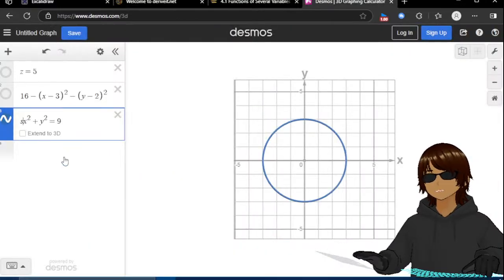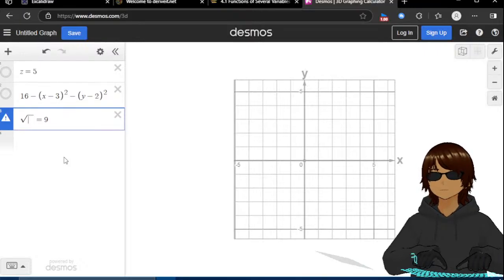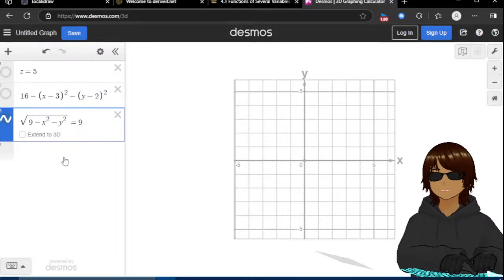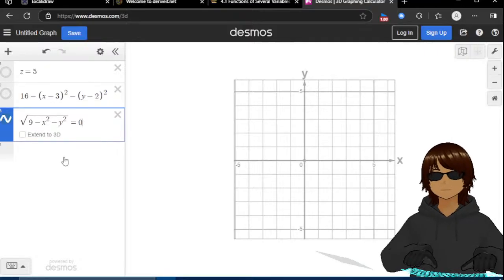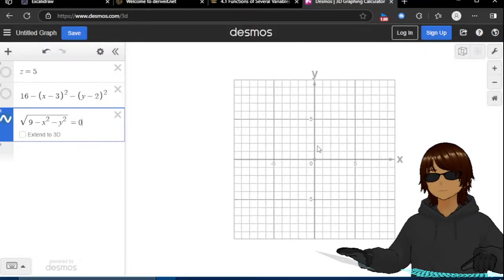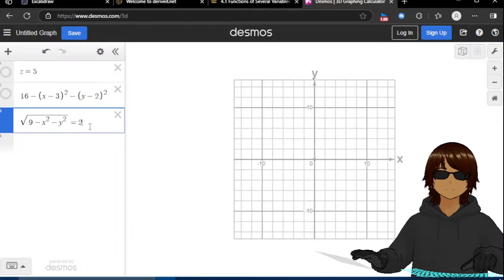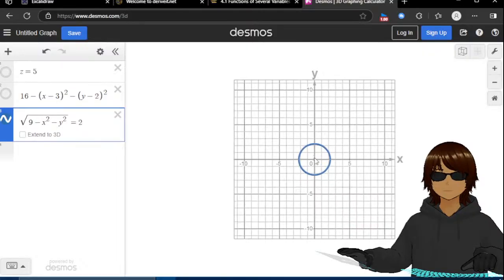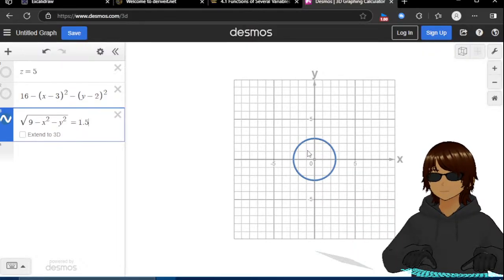No, it's different. Square root. Nine minus 0. 2, 1.5.